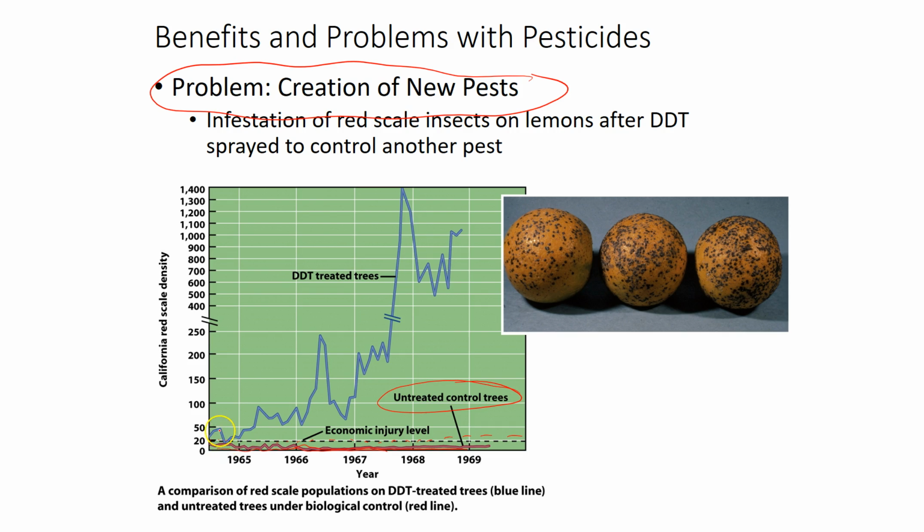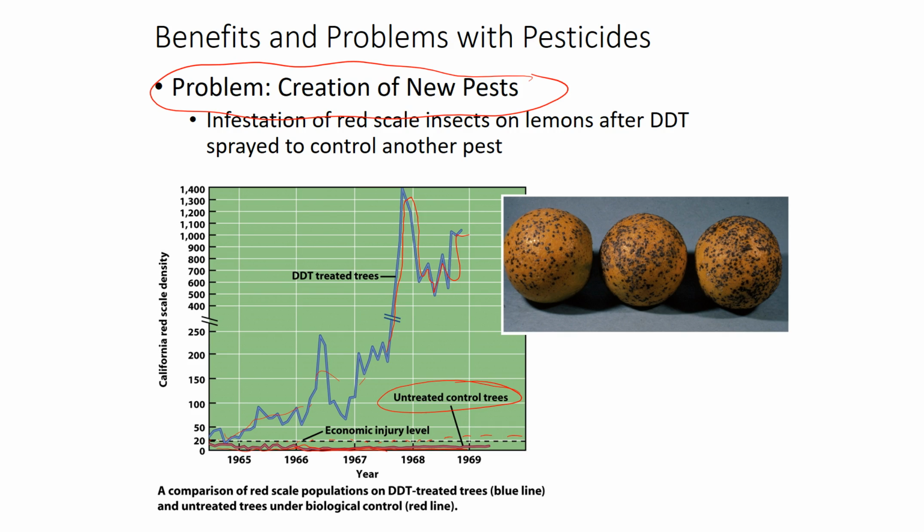We have DDT treated trees, right? And we get this massive increase in the density of these red scale insects, all right? And that's because we applied DDT. Now, what DDT did, okay, it was a couple things. Number one, DDT is a broad spectrum insecticide. So it not only kills the bad insects, it also kills a lot of the good insects, including insect predators.